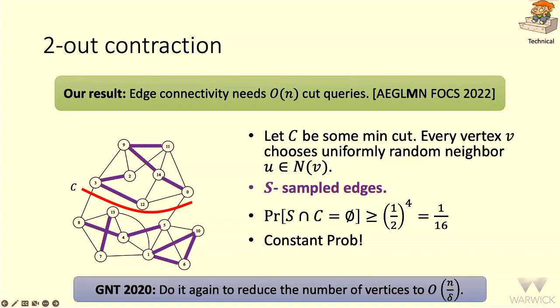This was an extremely cool idea, and it works very well in many different models of computation, except cut query. At least we do not know how to make it work.